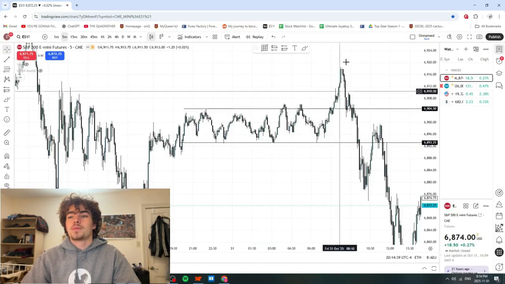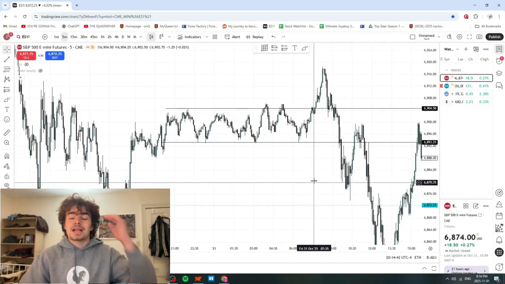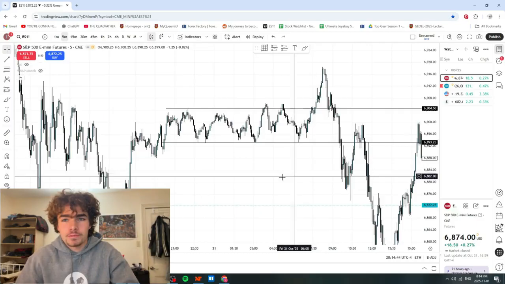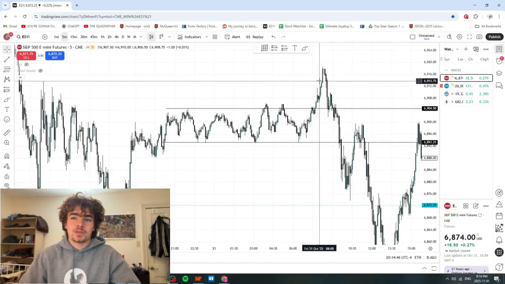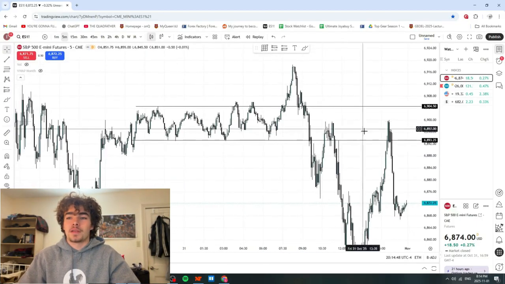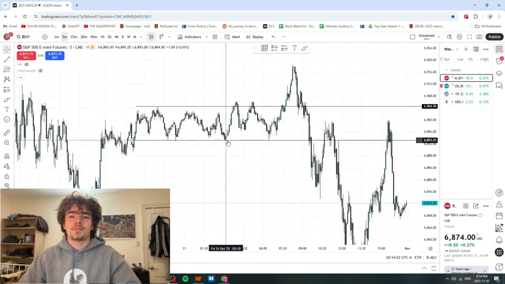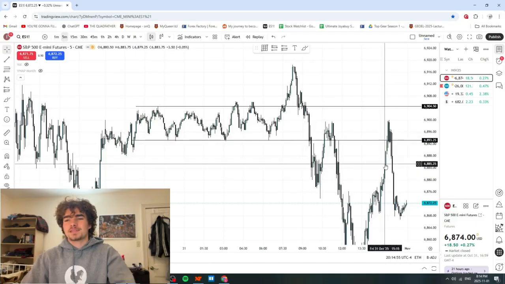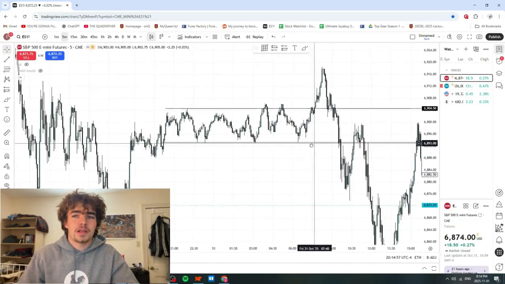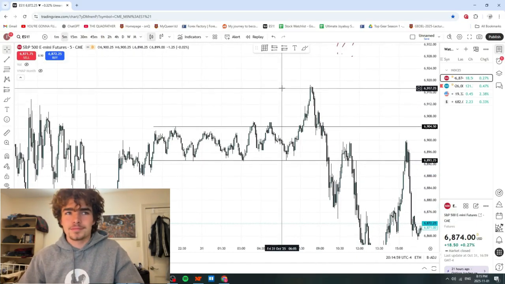Breakout, break of structure. That's your textbook range structure with the sweep and then the break in the opposite direction, and the price comes back up into the bottom, touches this volume level again. This is some textbook stuff. That's why the trades were good yesterday, because this was actually to a T.